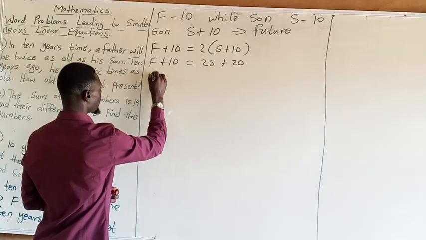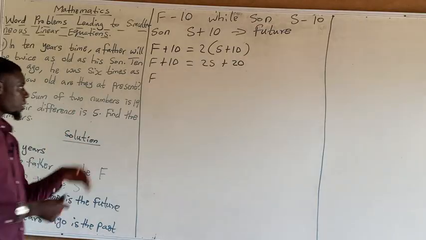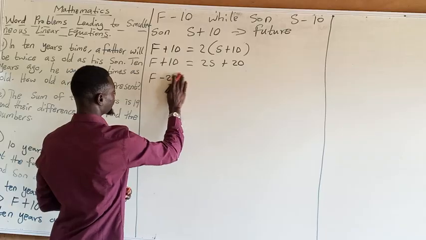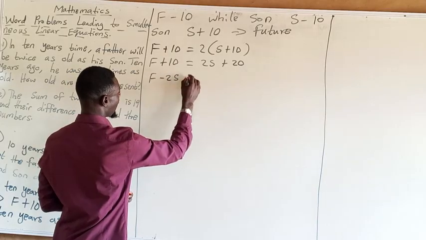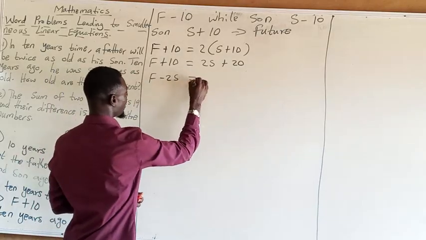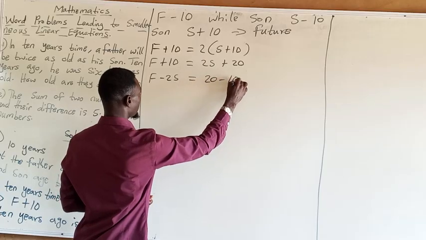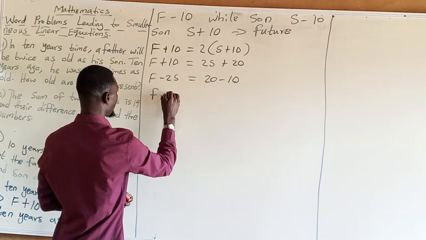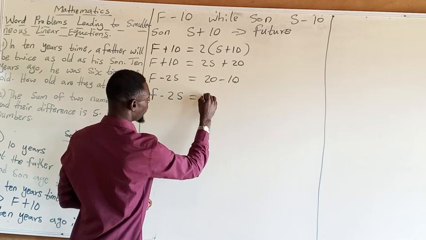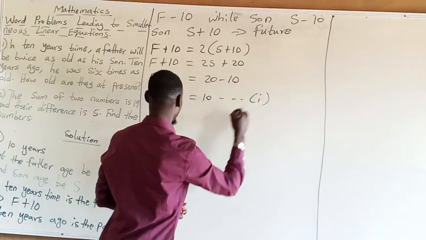Now we have F. Now take all the variables, variable means take all the alphabets to one side. So the son will be coming to this side, minus 2S. F minus 2S is equal to 20 minus 10. So F minus 2S is equal to 10. Now if you check very well, we name this equation 1.